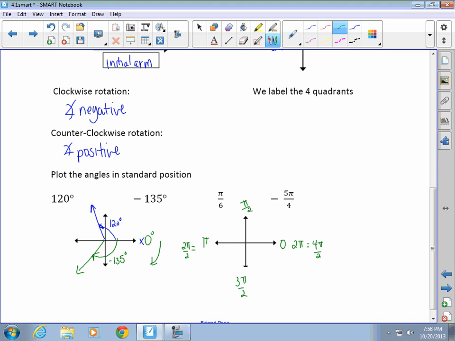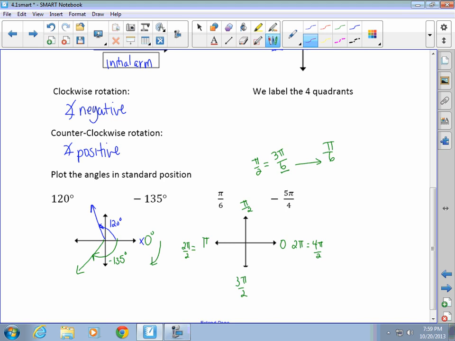So to get pi over 6, if I'm thinking in terms of pi over 2 here, I make an equivalent fraction with a denominator of 6. That would be the same as 3 pi over 6. All I did was take my pi over 2 and change it so it has a denominator of 6. So pi over 6, I'll do this one in purple.